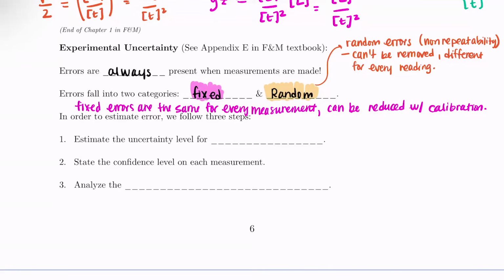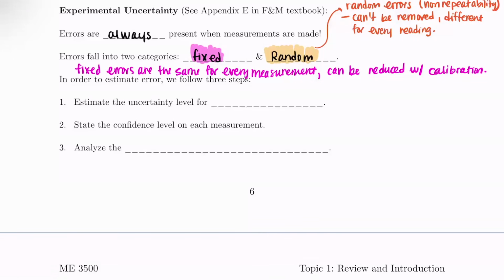Okay, so in order to do this, we are going to follow 3 steps. The first thing that we're going to do is estimate the uncertainty level for every single measurement. Everything that you are measuring in the lab should have an uncertainty level associated with it.